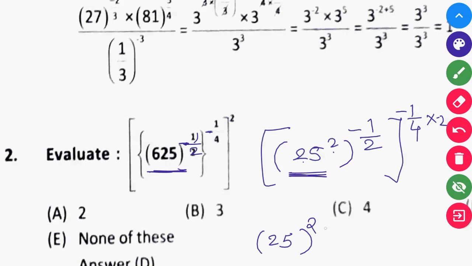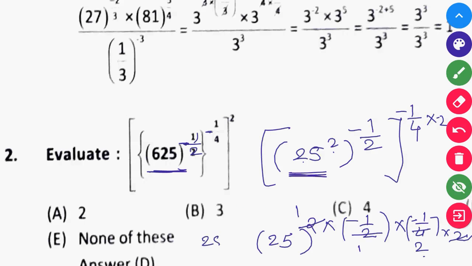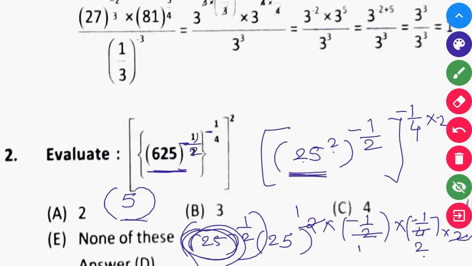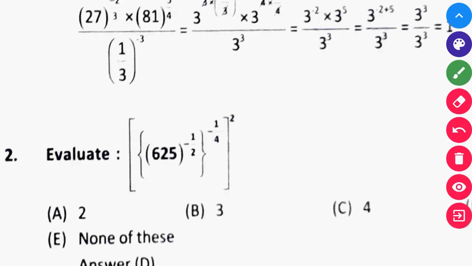So 2 multiplied by 1 half multiplied by minus 1 by 4 multiplied by 2. So this 2 and this 2 get cancelled. 2 twos are 4. So our final answer is 25 raised to 1 half, and whose square is 25? So the square root of 25 is 5.